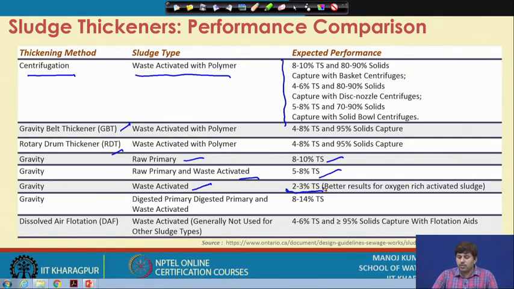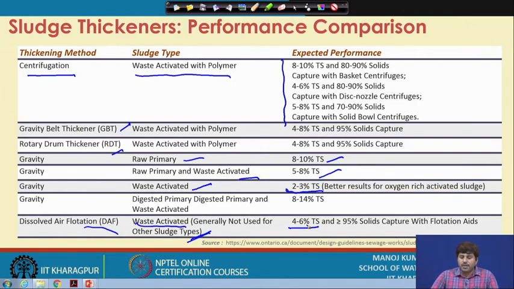If we use oxygen rich activated sludge, there will be better results. And the dissolved air flotation thickener is good for waste activated sludge only; it is generally not used for other types of sludge, and it can result in 4 to 6% total solids concentration.